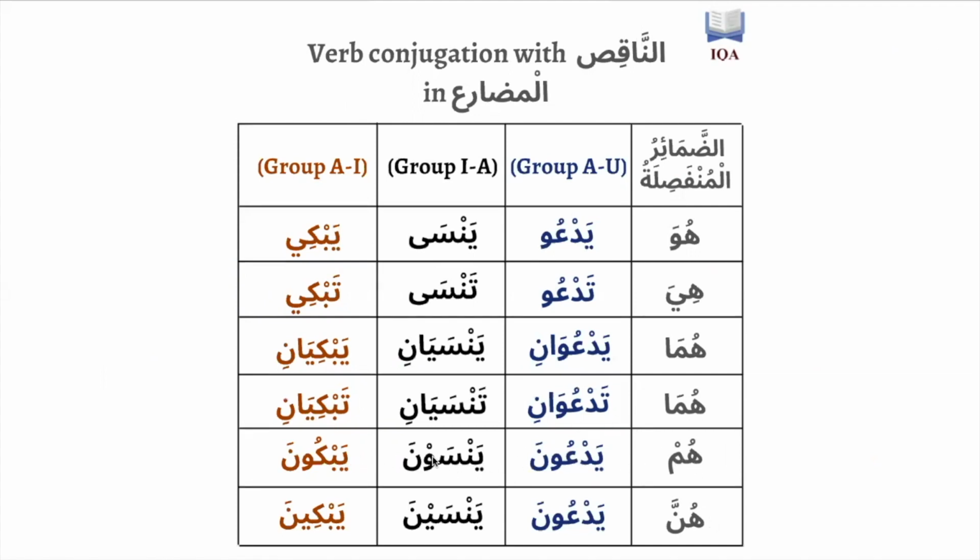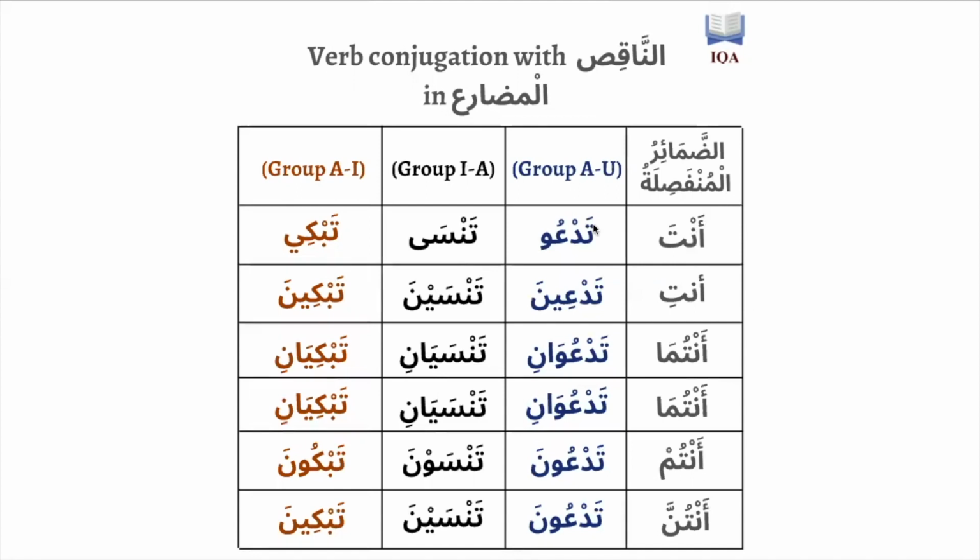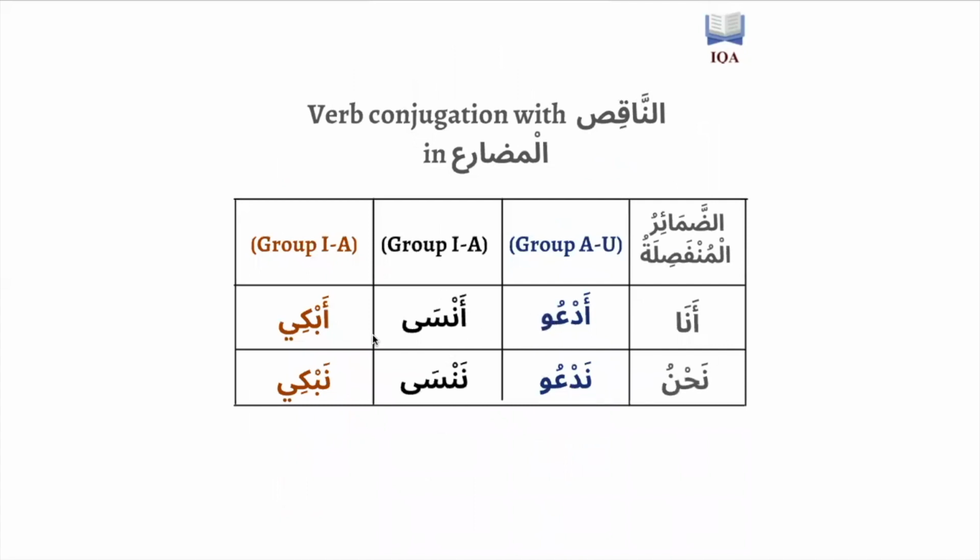So here it was dropped. فهن يدعون ينسين يبكين. فأنت تدعو تنسى تبكي، أنت تدعين, it was dropped, تنسين تبكين. أنتما is the same for both. أنتم تدعون تنسون تبكون, again it was dropped. أنتن تدعون تنسين تبكين. And then أنا أدعو, it's very clear. And then نحن ندعو ننسى and نبكي. So that is the dropping that happens, if you will.